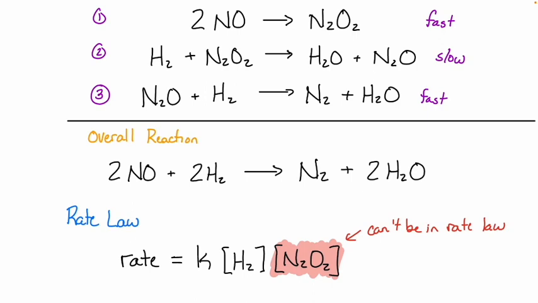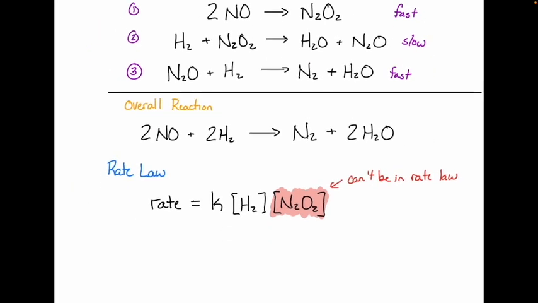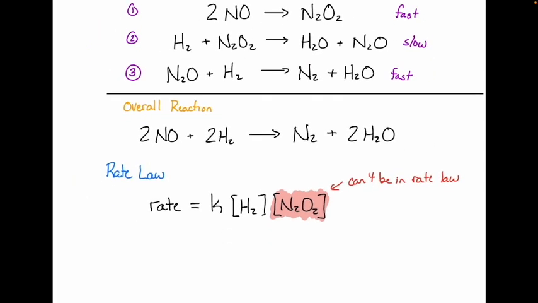All right, so then what are we supposed to do here, right? How do we get rid of this thing? So we have this strategy for how we get rid of this intermediate here from our rate law. How do we replace that intermediate in our rate law?